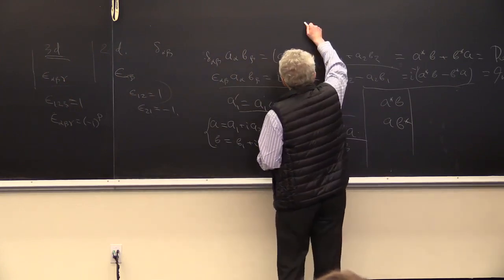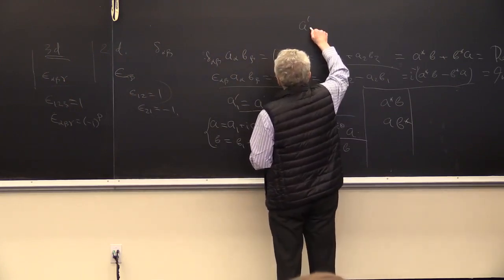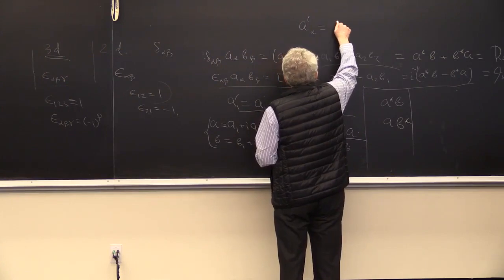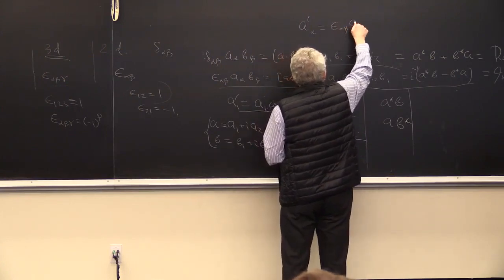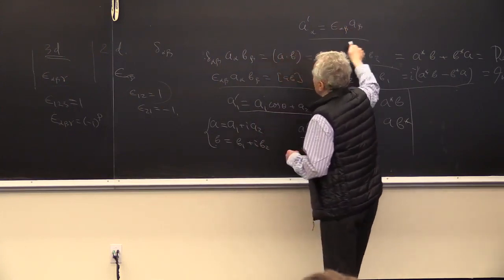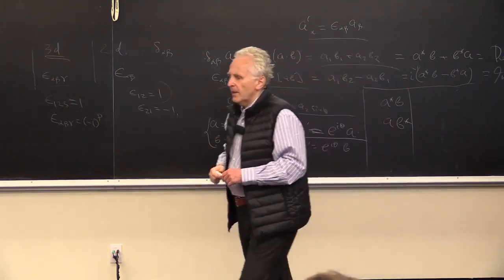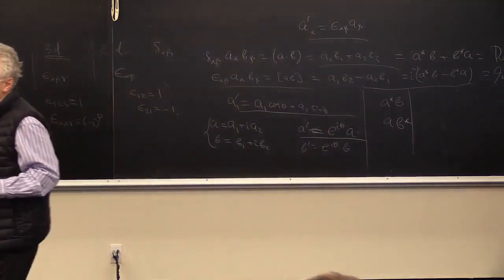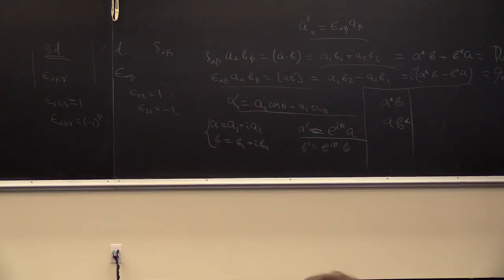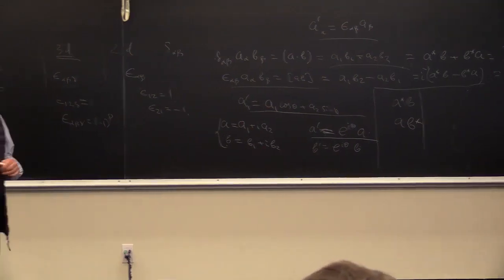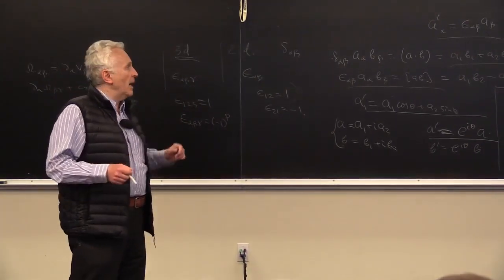So if you have A prime alpha, this is a rotation of the vector A. It's 90 degrees.